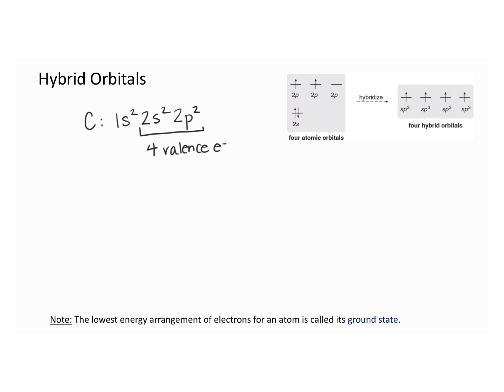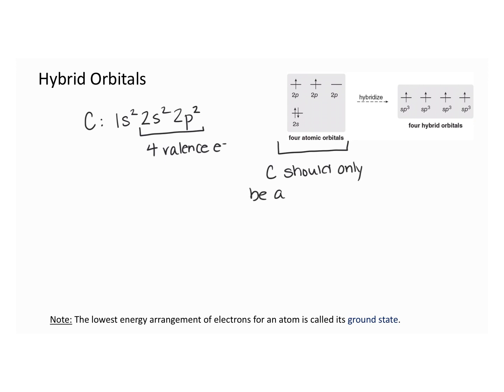Now, there's a problem with this. In this depiction, carbon should only be able to form two bonds because it only has two unpaired electrons.